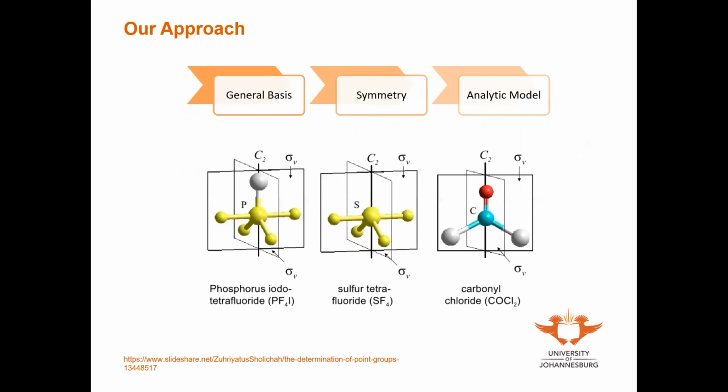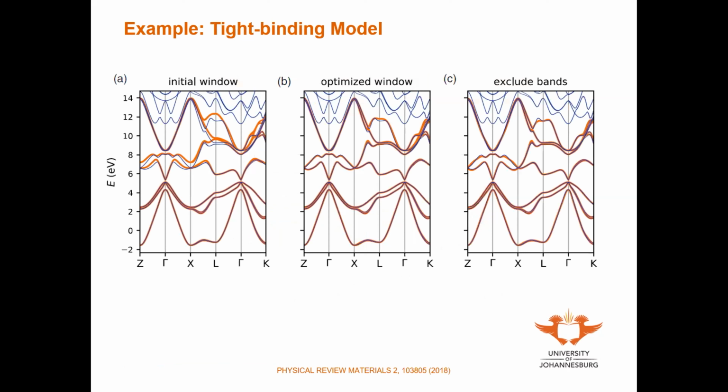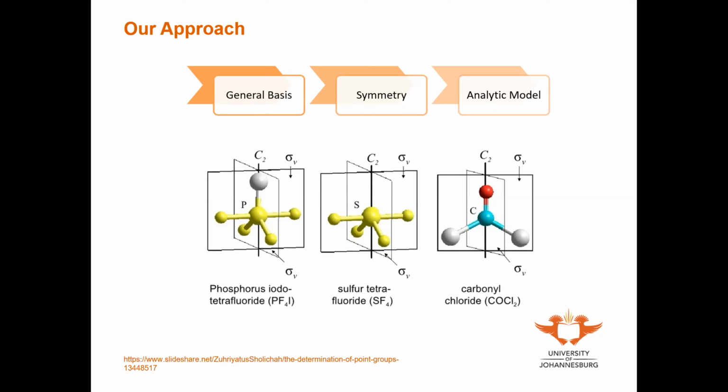All right, so our approach is to first set up a general basis, and then based on some kind of property, such as the symmetry, we would like to class a whole set of materials together. In the general approaches, you would have to select a very specific material and then look at all the properties of those. We would like to instead find a general way to represent a whole class of materials.